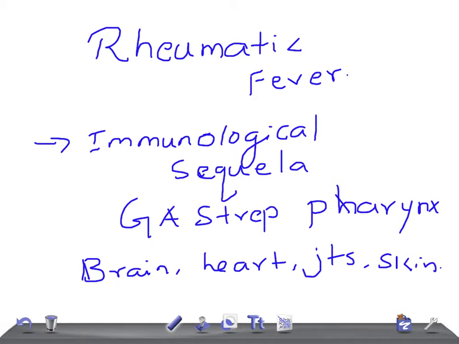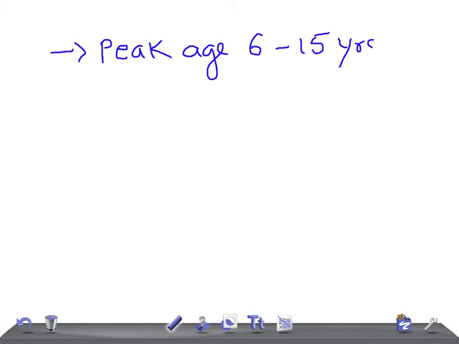So let's talk about the epidemiology of this. This disease is not common in United States. What's the peak age? Peak age of rheumatic fever is 6 to 15 years, and the incidence in the developed countries is around 0.3 to 3%.